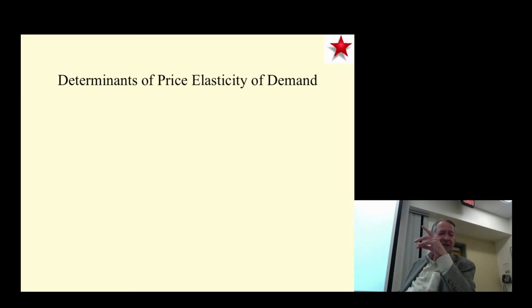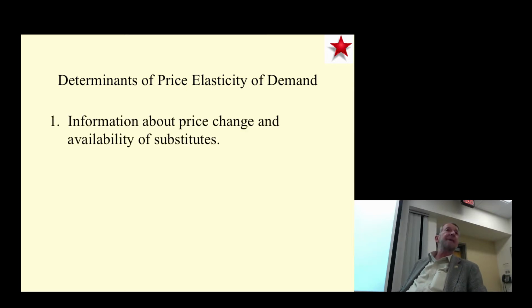Well, the major factor that determines how much buyers respond to a change in price is the amount of information they have about the price change and about the availability of substitutes. If chewing gum goes from $1 to $1.25, do you cut back very much on how much gum you chew?